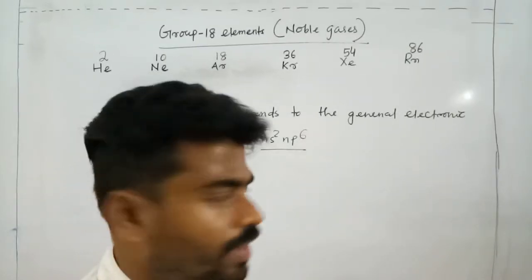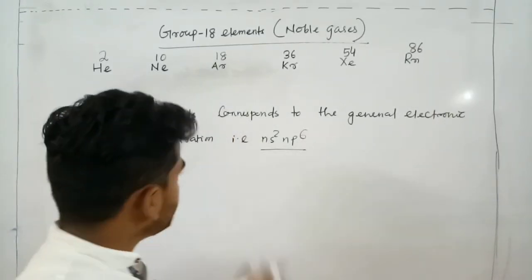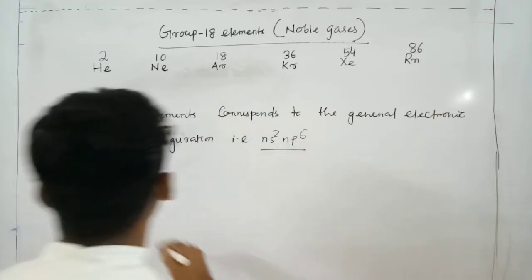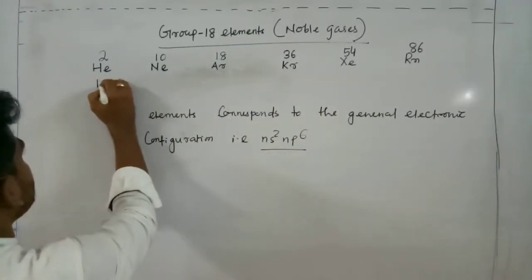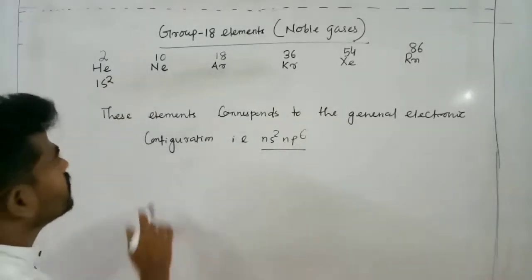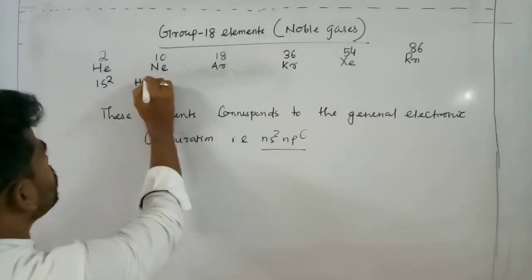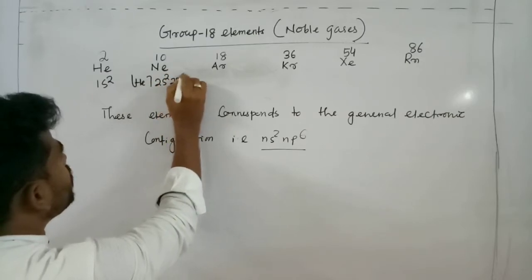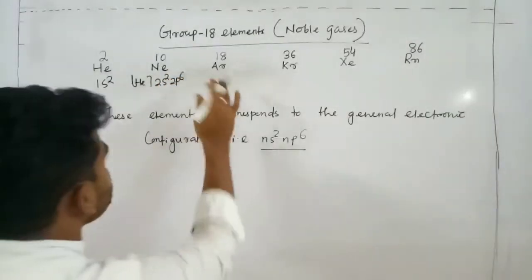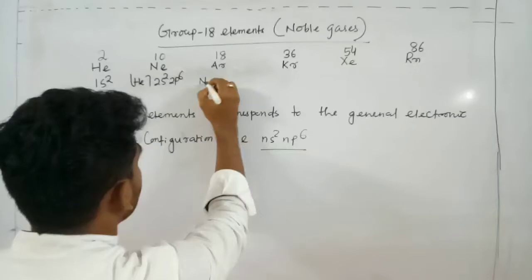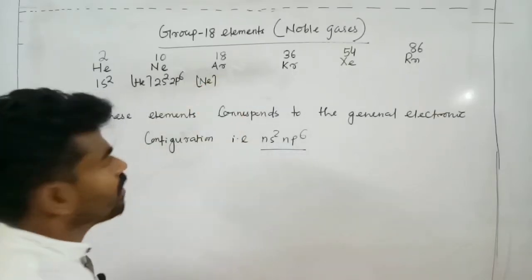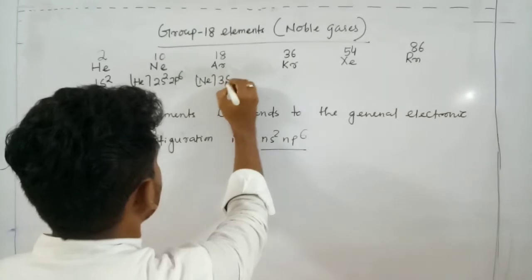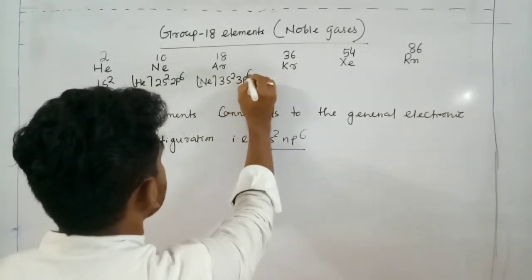Since all these elements are present at the end of each period in the long-form periodic table, their general electronic configuration is ns2np6, except helium, which is 1s2. Next, after helium, neon gives 2s2, 2p6, and in case of argon, after the electronic configuration of neon, you are getting 3s2, 3p6.